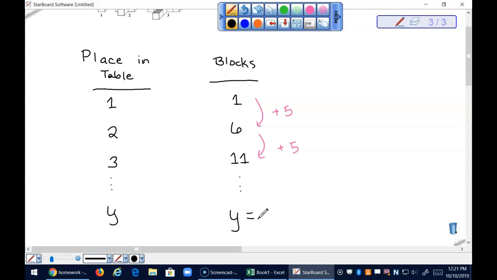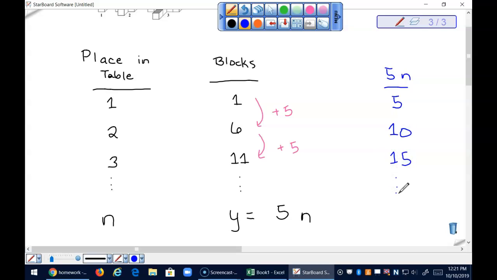It's going to be n plus 5. Whoops, I wrote y. This should be n. It's not plus. Times. That turns into a multiply. So let's look at the wrong thing. This is 5n. So 5, 10, 15, and so on.